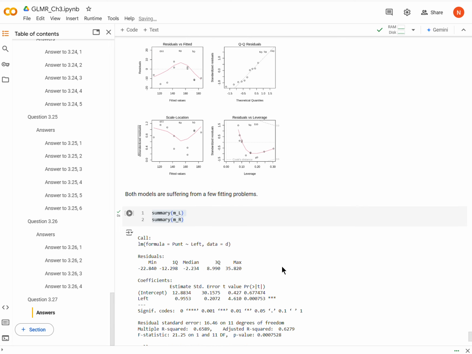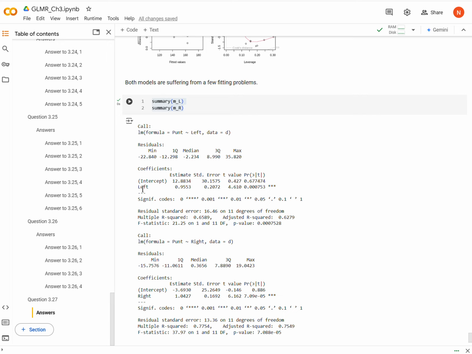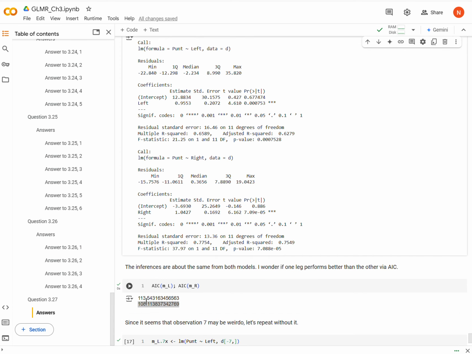Okay. The second one, which is not a knockdown argument, is that the p-value is far more compelling for right leg than left leg. Okay, so that's kind of interesting to note. And also the AIC value for right leg is better than left leg.